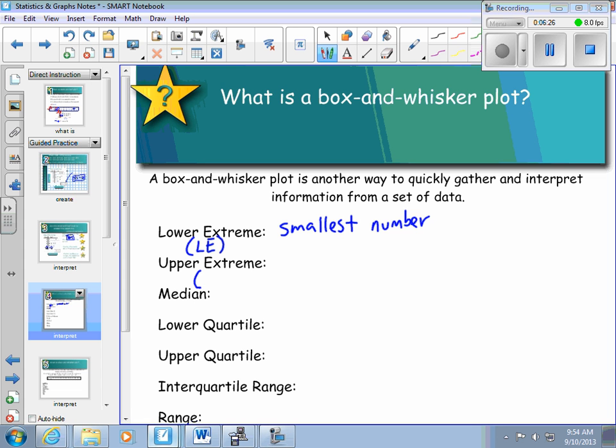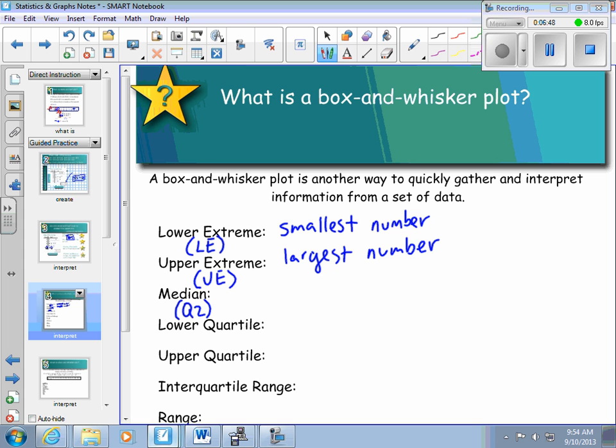Your upper extreme is the largest number in your data set. Median. And I'm going to put this Q2 here. Q2 is something we'll see when we actually write it out.